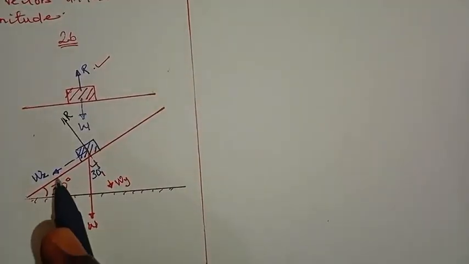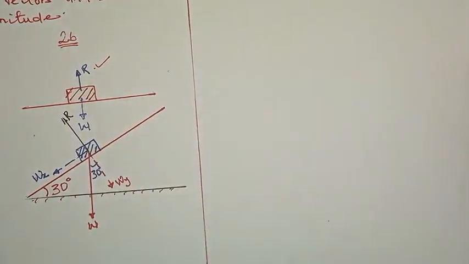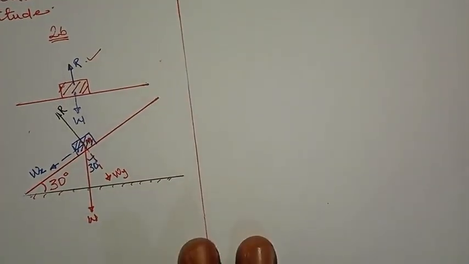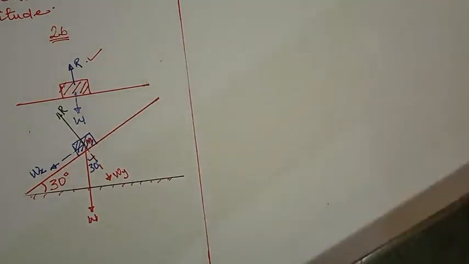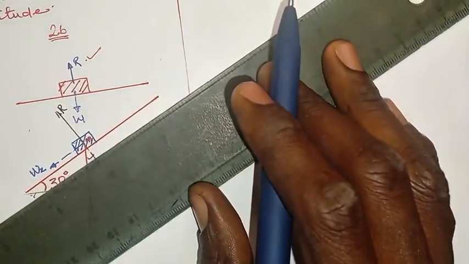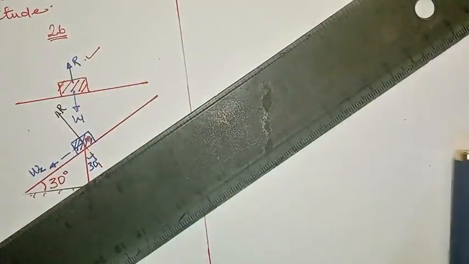So our target here today is going to be WX, which is the force acting on this body along the inclined plane. Don't forget that this body has a weight of mass m. Is that understood? So from here, in order for us to get that, we take this inclined plane down to this point to form a right angle triangle.